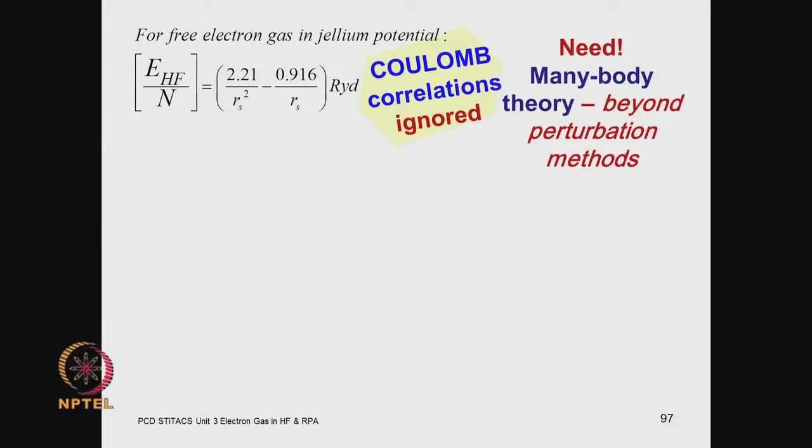Because the Coulomb correlations are ignored, there is something missing in the model, and that is part of the reason that you begin to get divergence when you deal with second order perturbation theory and higher order perturbation theory. So, perturbative methods actually do not work, and we need to find a completely different kind of approach to solve this problem, and that actually requires a many body theory.